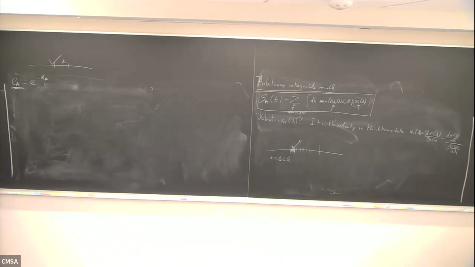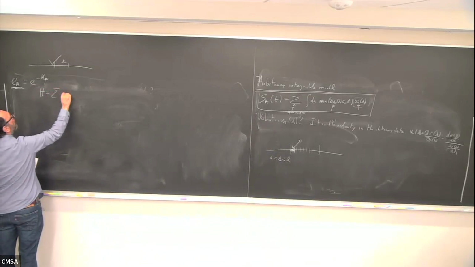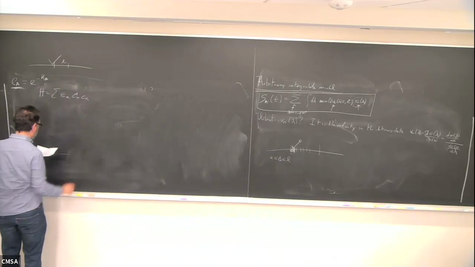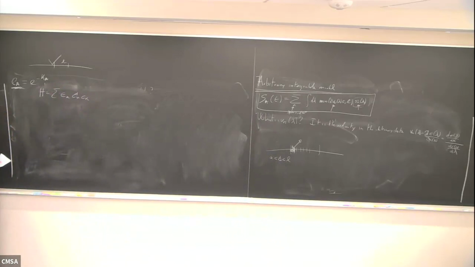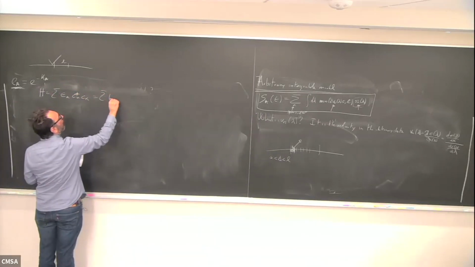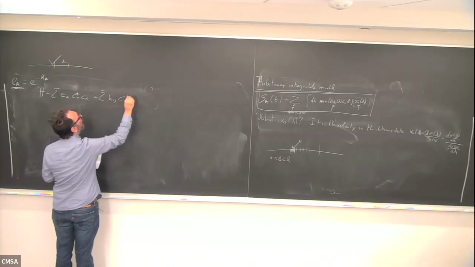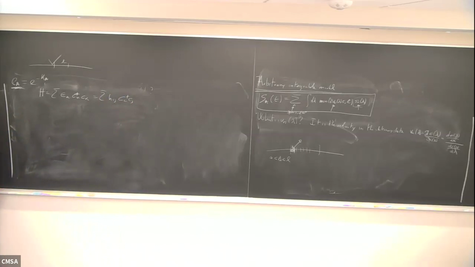You have some free fermion, so H equal to the sum of epsilon k, c dagger k, c k, and the analogous one in real space, which is the sum of H i j, c i dagger c j. Now we construct a coarse-grained operator, which depends on position and momentum in the following form.